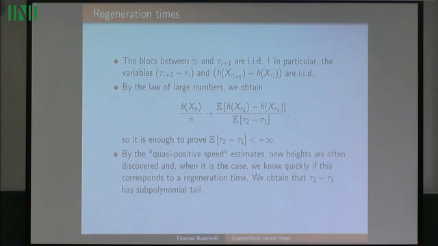And since the heat is almost increasing, every time I reach a new heat, I know very quickly, in a short number of steps, if this is a regeneration time or not. And if it's not, then shortly afterwards I will reach some new heat and I can go on like that. And it's enough to prove that these regeneration times have a subpolynomial tail, so finite expectation. Okay. So this is basically the proof of this result.